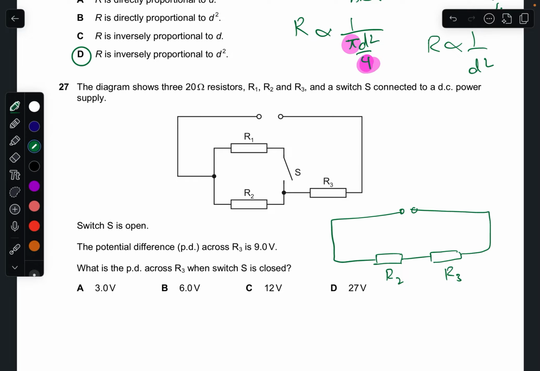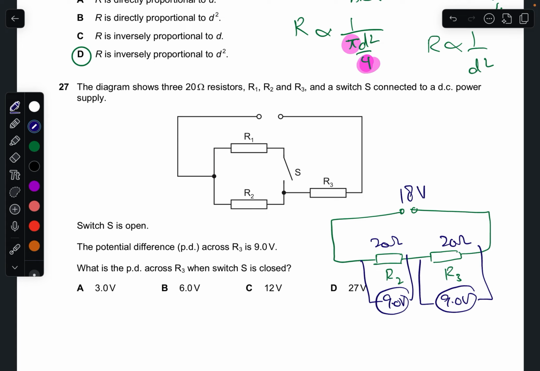They are telling you the voltage across R2 is 9 V. R3 is also 20 ohms, so this will also be 9 V. So both are 9 V, and the total will be 18 V.